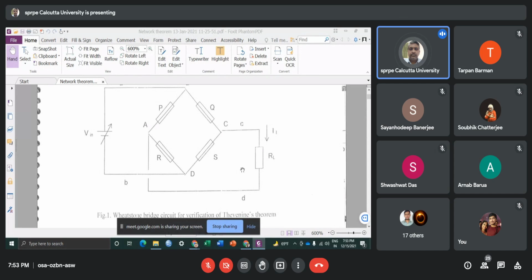Okay, open circuit voltage. Open circuit means you just turn off this circuit, meaning open it, with a high impedance. And find out what is the voltage appearing across the load resistance.